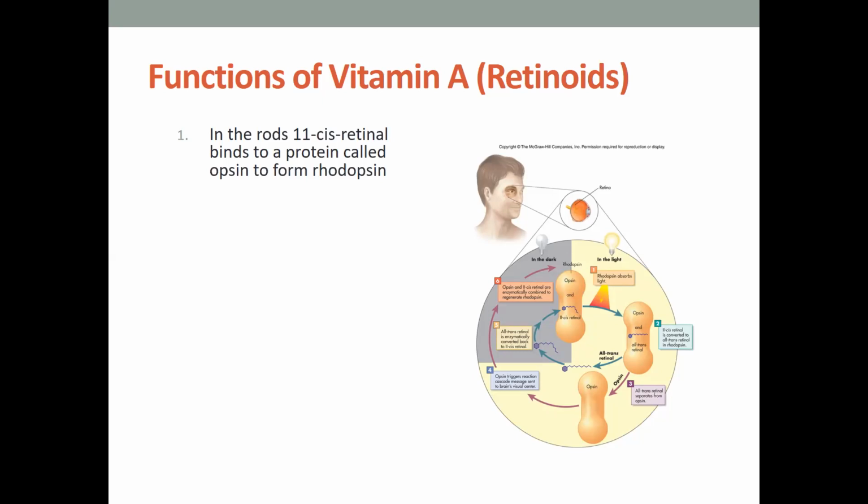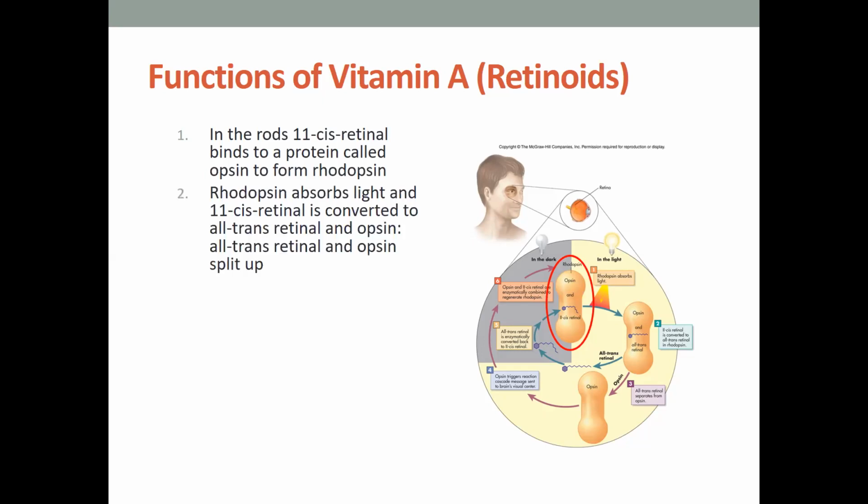And that cycle there is showing just how vision works. So in our rods, and I just saw that circled in red, we have retinol, so this form of vitamin A that binds to a protein called opsin, and that helps form another protein called rhodopsin.